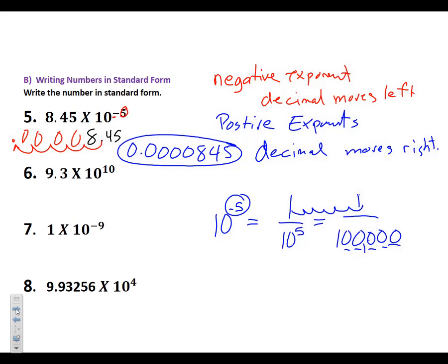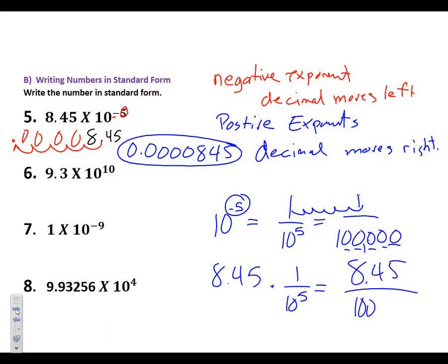So if I do that with our first problem, 8.45 times 1 over 10 to the fifth, that's taking 8.45 and dividing it by 100,000, which moves the decimal 5 places to the left. And we annex our zeros in there, and we get the same answer.